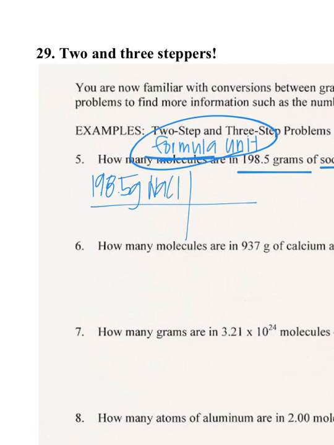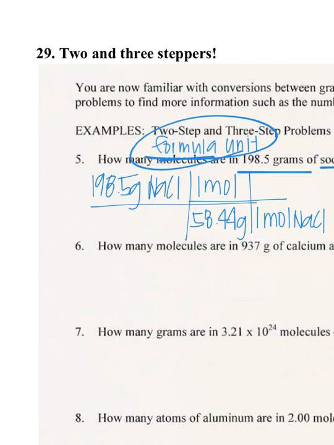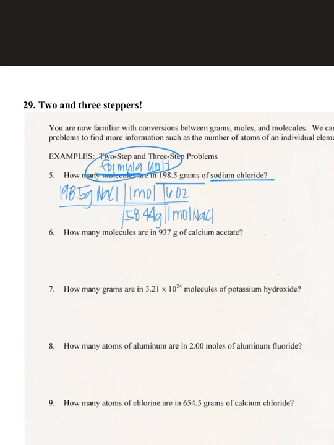My molar mass of sodium chloride is 58.44 grams, and that's how much is in 1 mole. Then in 1 mole of sodium chloride, I have 6.02 times 10 to the 23rd formula units.